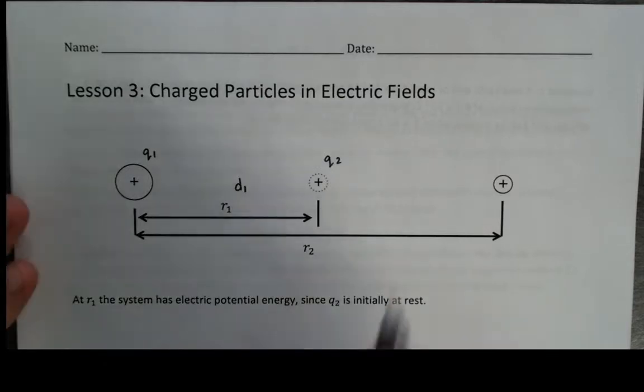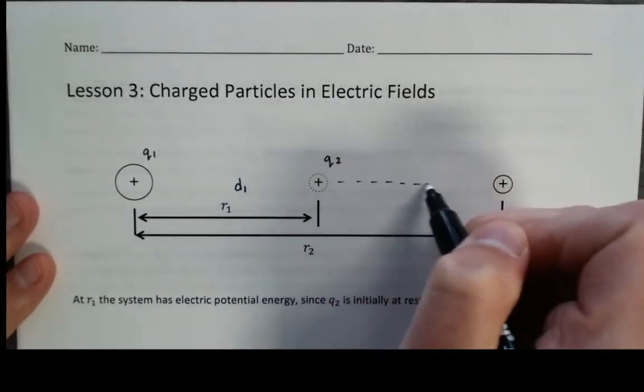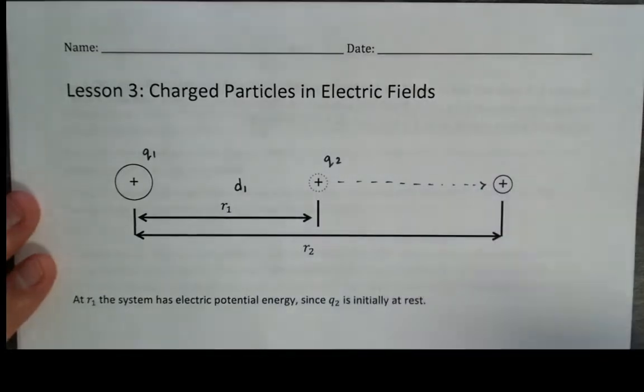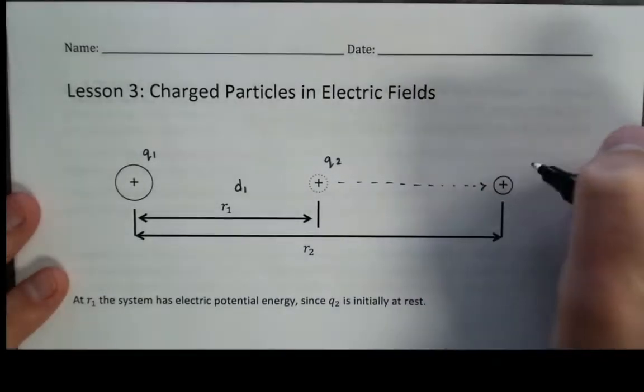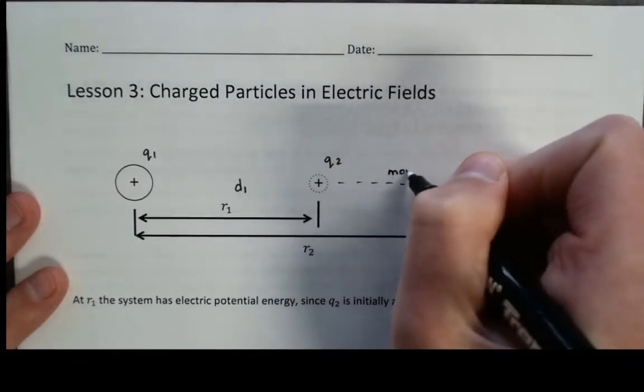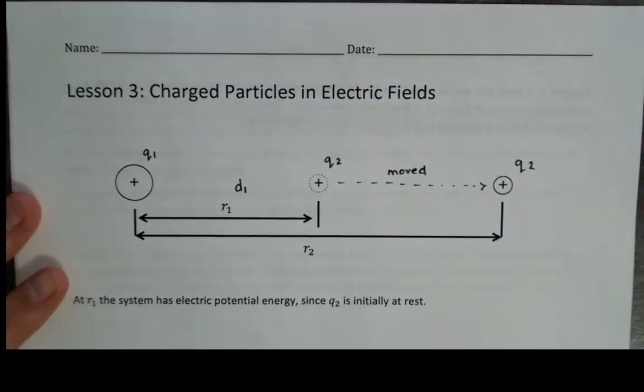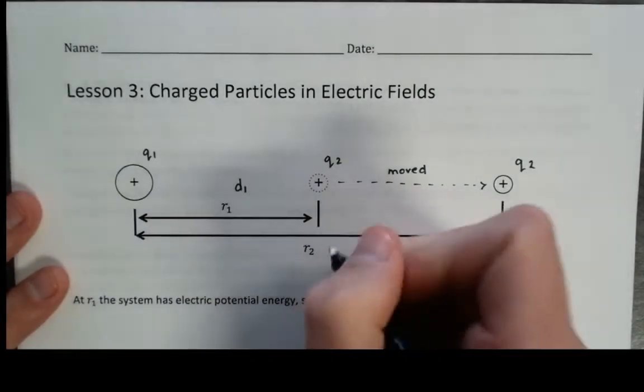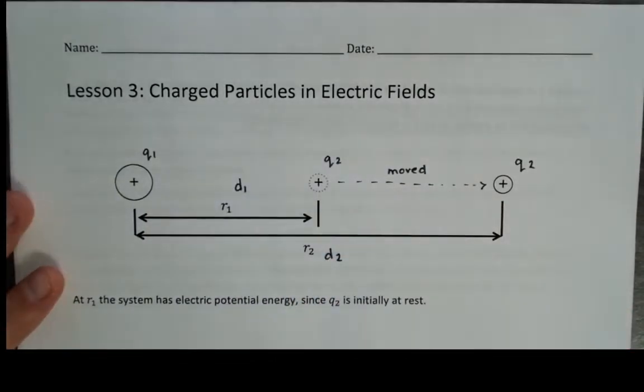And then over time, charge 2 is going to move to here. So this is still charge 2. It's just moved. And now we have a new distance separating these two charges. Okay, so at R1, the system has electric potential energy because Q2 is initially at rest.